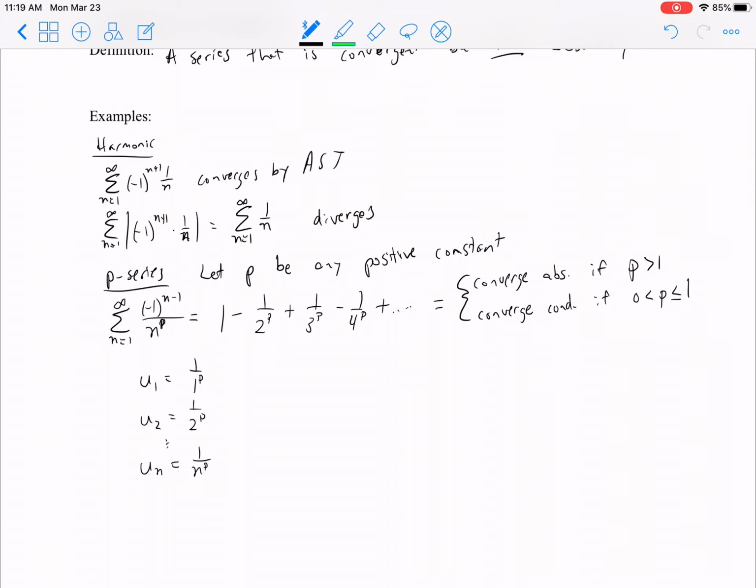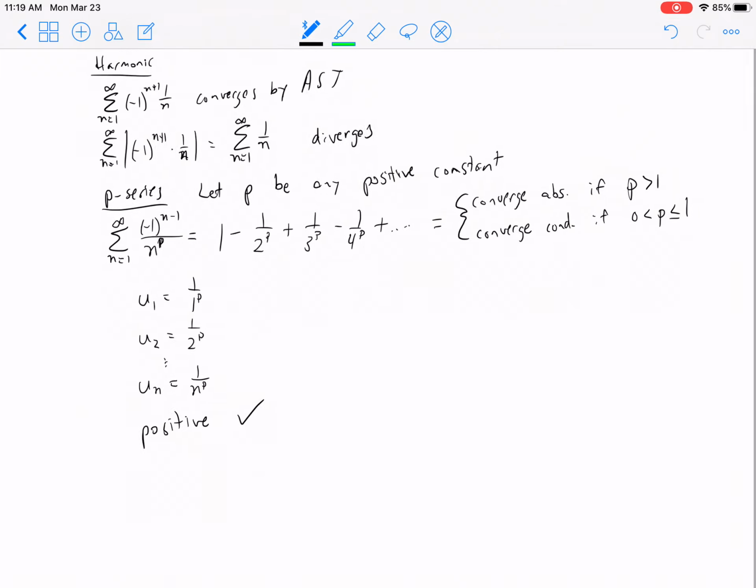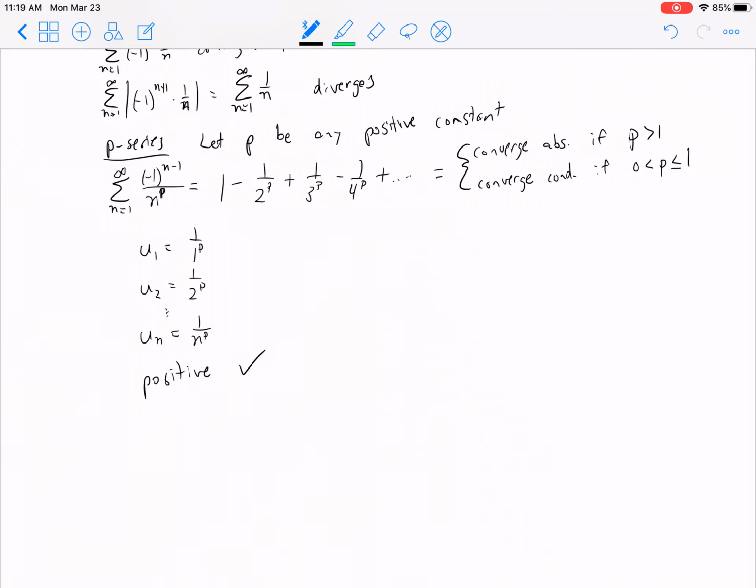If we look at that, we can check it. Are the un's positive? Yep. Is it non-increasing for all n greater than or equal to 1?